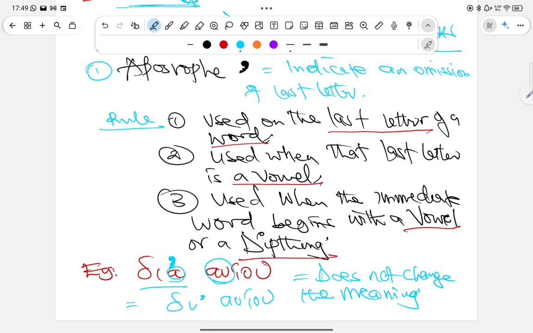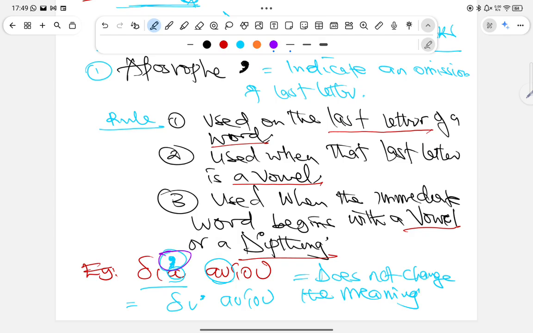One thing to emphasize: the apostrophe, when used as an omission, is used at the end of the word, on the last letter of the word. The smooth breathing mark is used at the beginning.